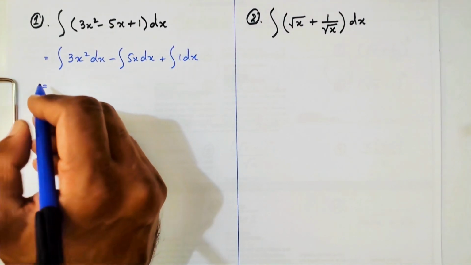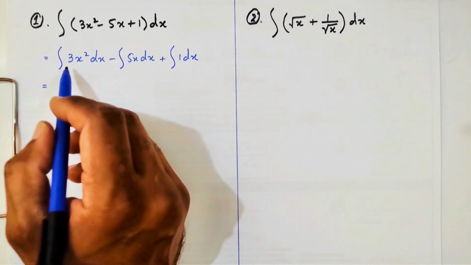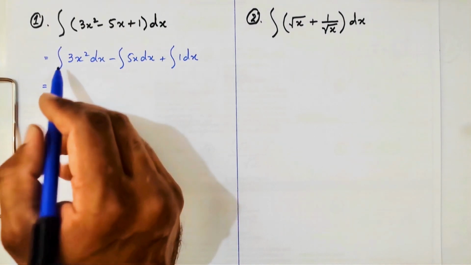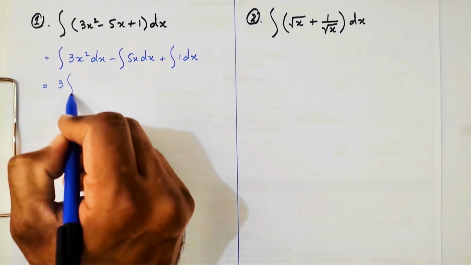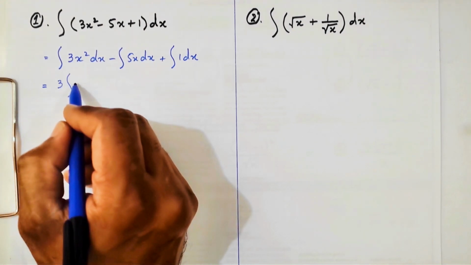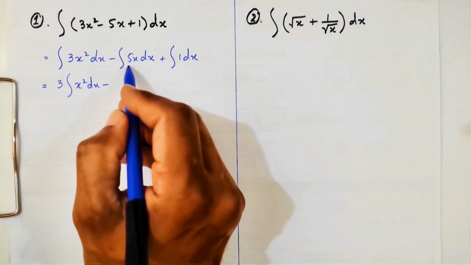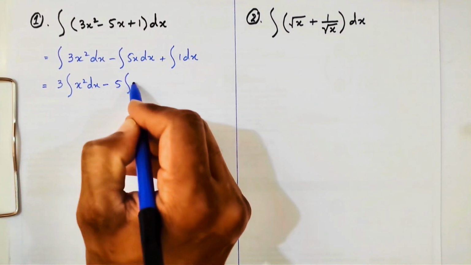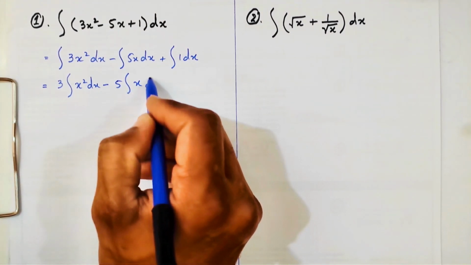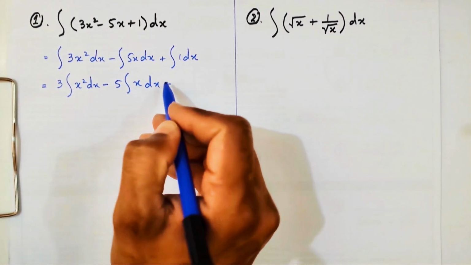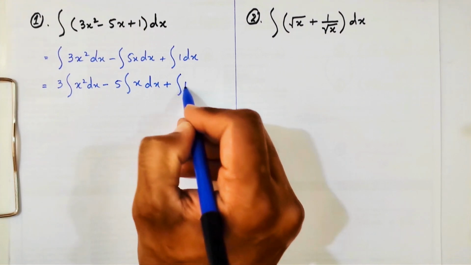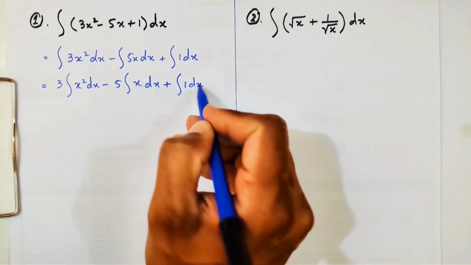In the next step, we take out the constant value from the integral sign. We take out this 3 from the integral sign, same as here, we take out 5. Integration of 1 remains as it is.